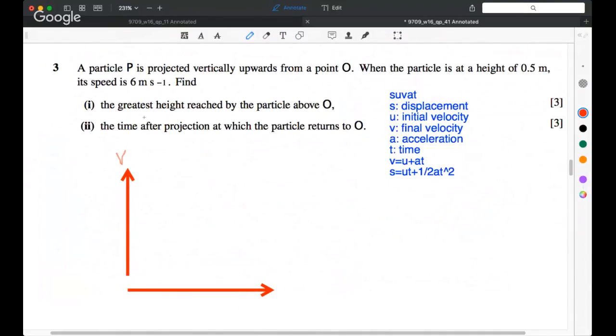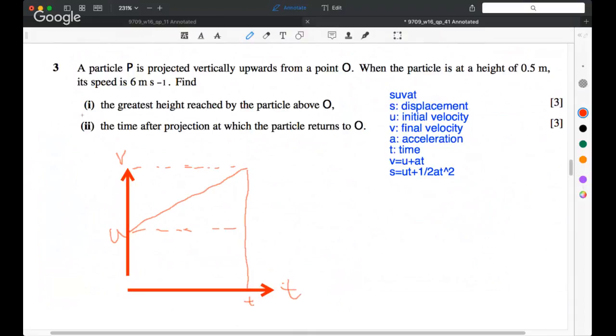This is a velocity against time graph. In a velocity against time graph, the important thing to remember is that the distance is simply the area under the graph. So here we have U, and here we have V. How do we work out the area under the graph, assuming this is a straight line?